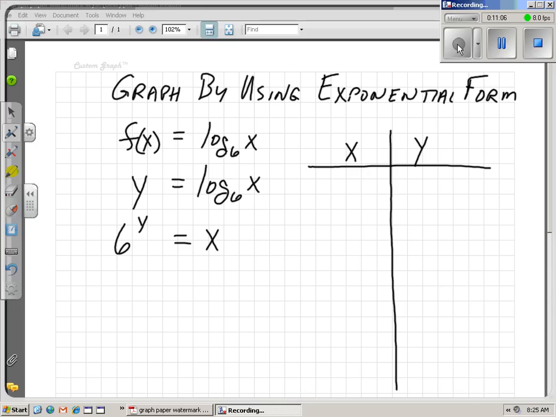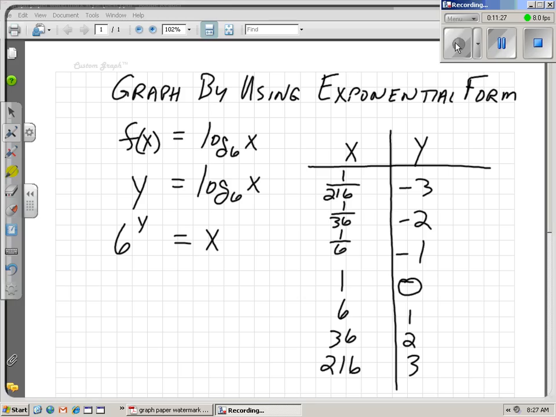Now this is going to run a little backwards in your head, but we're actually going to plug in y's and see what the x's turn out to be. I'm going to put in different exponents for y, and we'll see what x turns out to be. You always want some negative numbers and some positive numbers so you get a good picture. Let's see what happens. And it looks like we have these values. Now just transfer those values over to your graph, and you're good to go.